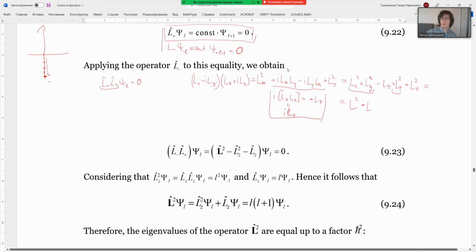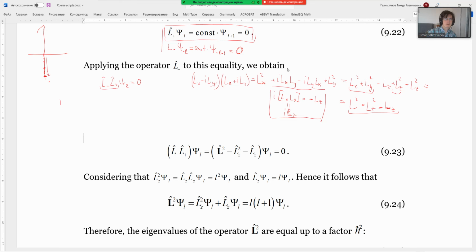So we found that L minus L plus equals L squared minus Lz squared minus Lz.